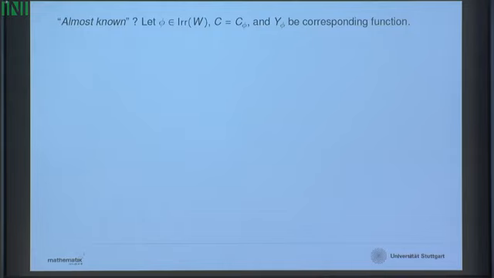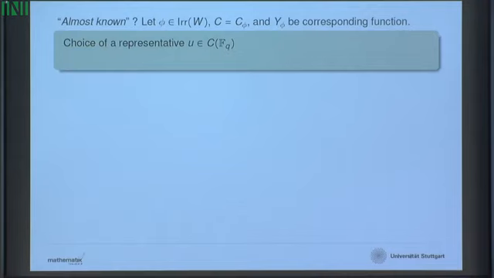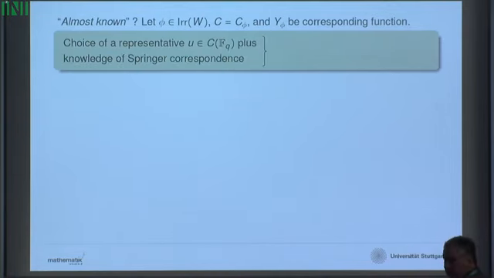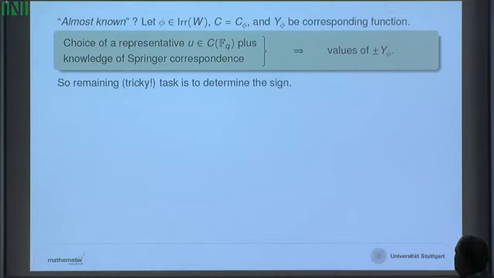Yeah? So let's fix phi. We have the corresponding unipotent class and this little Y function on it. To get the values of this Y, that means the restriction of Q phi to this class, we have to choose a representative in this class. And again, knowledge of the Springer correspondence almost determines this function.